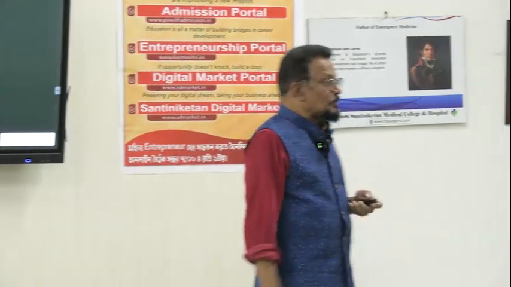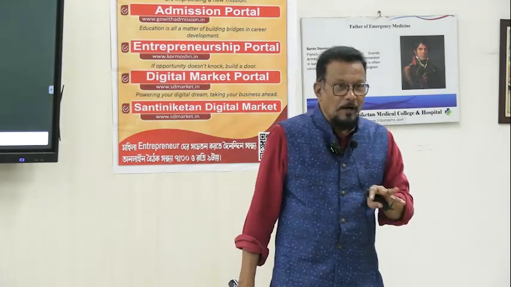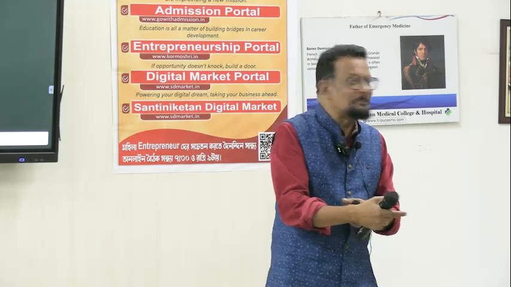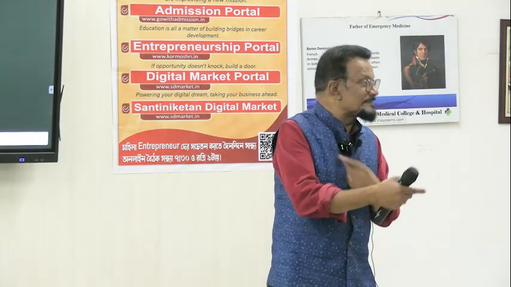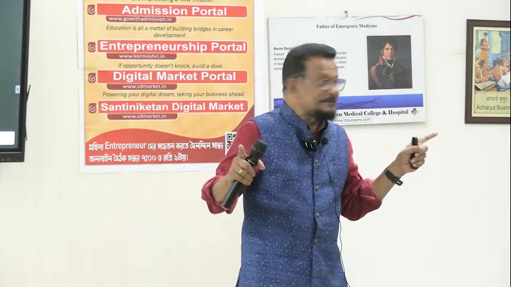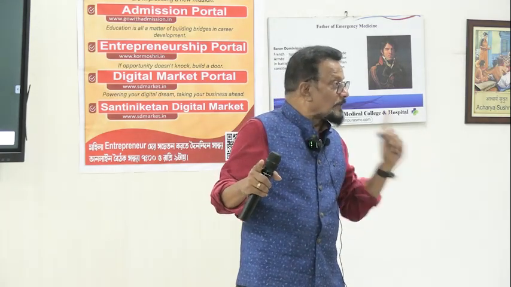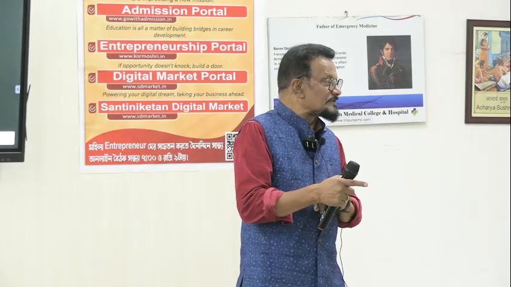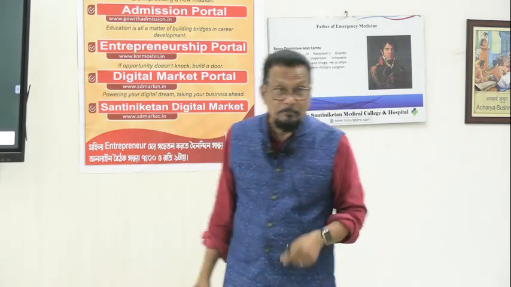My patient will show a low level of blood vitamin B12, meaning there is less vitamin B12 in the blood, but folic acid is normal. So it is not because of folic acid deficiency; there is deficiency of vitamin B12.